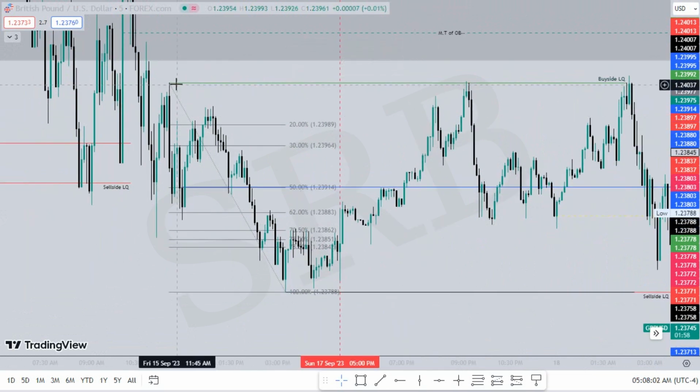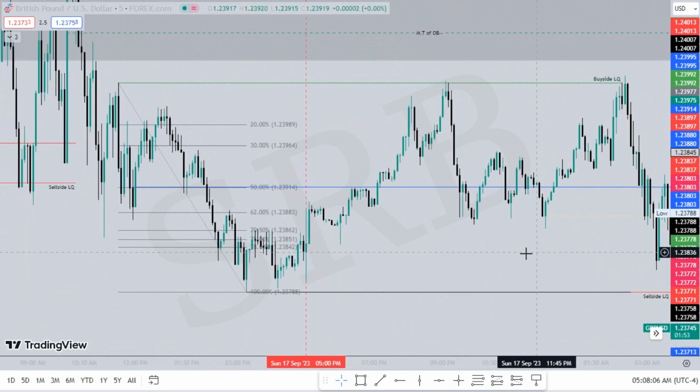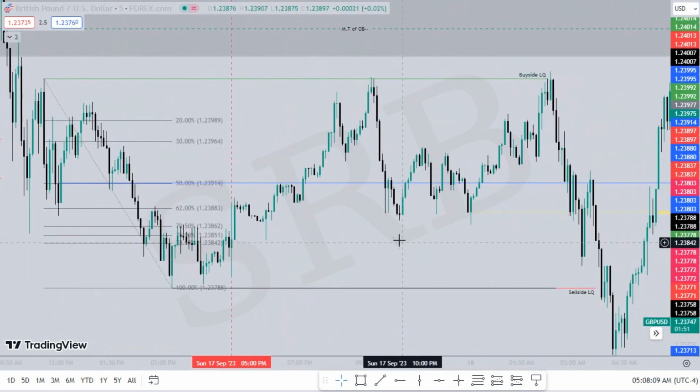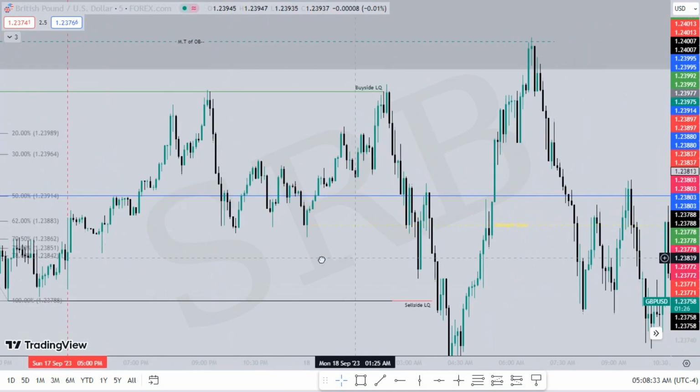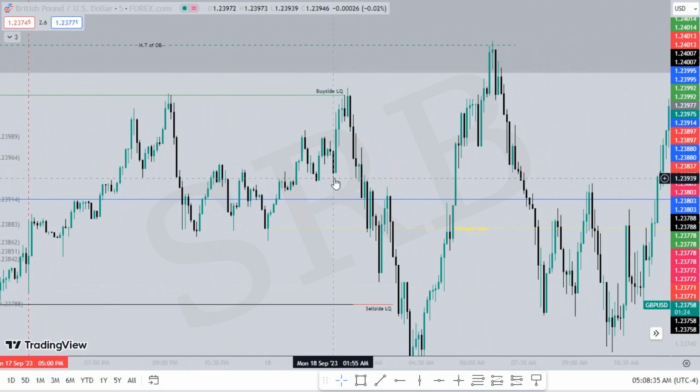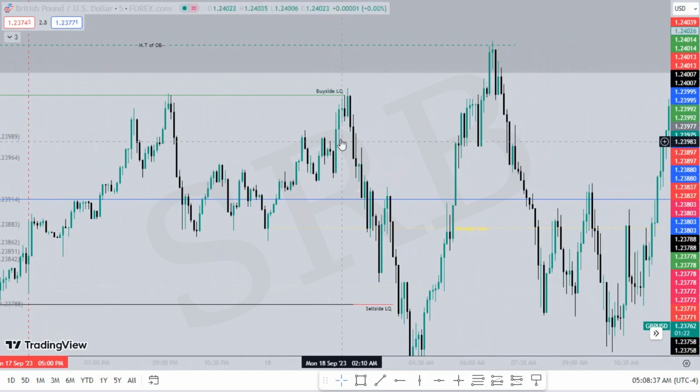On the 5-minute time frame, the range is very precise and clear, you can see. And this would be our equilibrium, the 50% line. Well, we don't have any lows in this range.